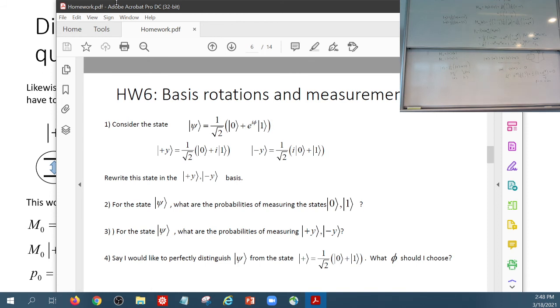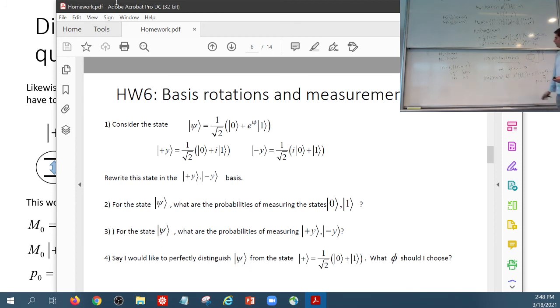So if this was a slightly more complicated example, say that I didn't say plus, but I could have made this question a little bit more complicated and said distinguish it from the state, say let's call it theta, where theta is something like this, right?